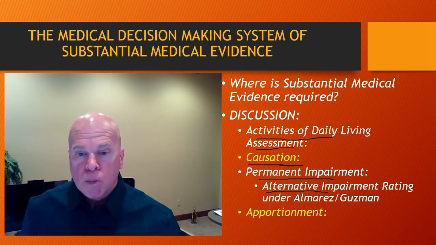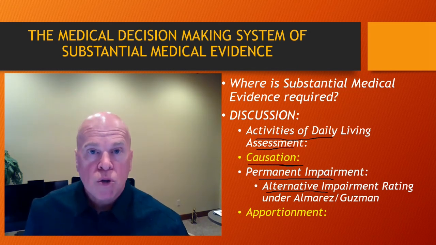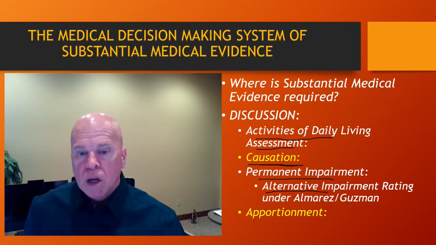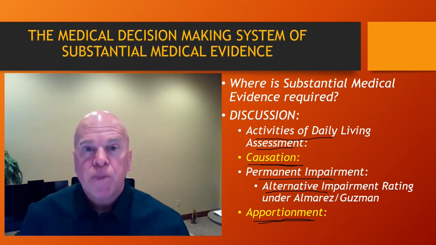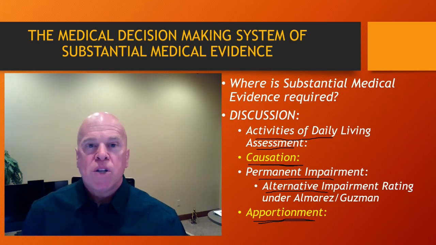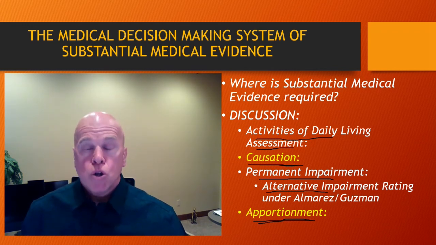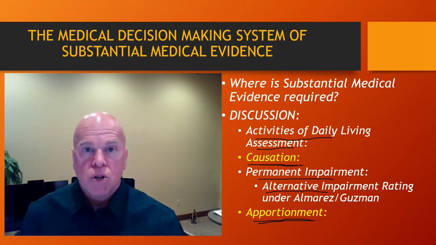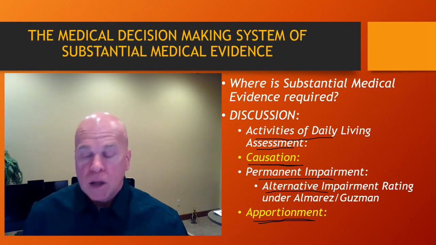But of course, your permanent impairment opinion, whatever it may be, must constitute substantial medical evidence. And then certainly, especially, and most importantly, probably, whatever approximate percentages you offer for your apportionment determination, those approximate percentages and your apportionment opinion must constitute substantial medical evidence.